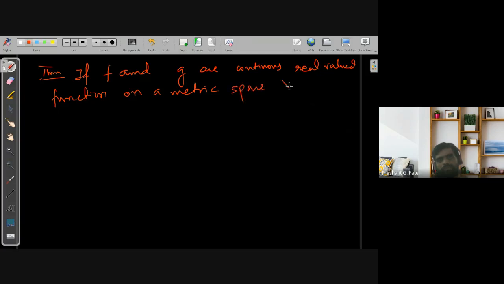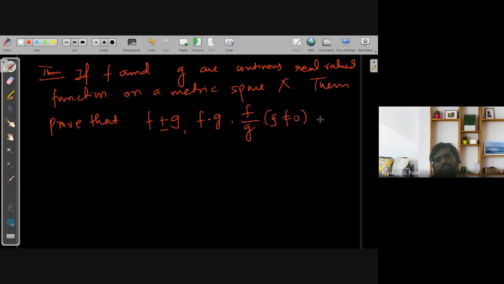So we can say that if f and g are continuous real valued functions on a metric space X, then prove that f plus g, f minus g, f into g, f divided by g if g is not equal to 0 are continuous on X. So the proof is homework.